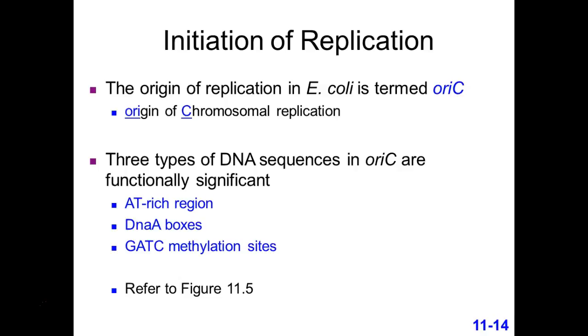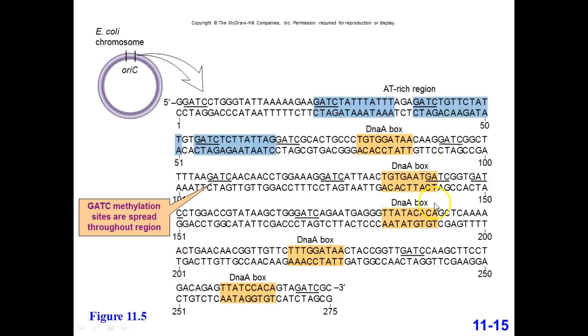In addition, there are GATC, G-A-T-C, methylated sites within this region, and actually along the DNA itself. So here's our AT-rich region. You see there's a lot more A's and T's than G's and C's.